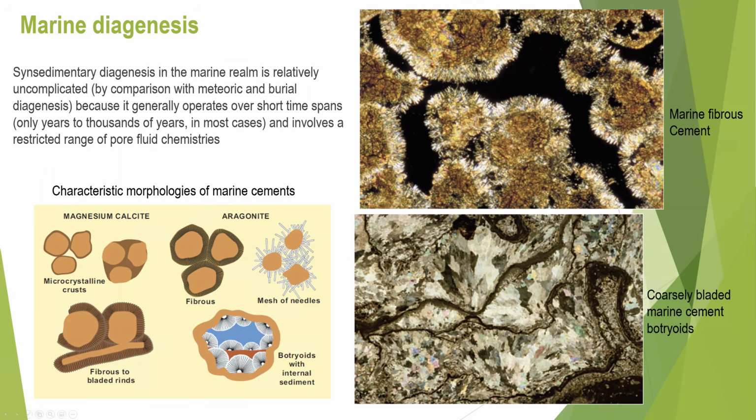So if you learn what the types of cement are, for example in the marine system and in the meteoric system, it helps us to find the history of diagenesis. It also assists you in finding, for example, depositional sequences.